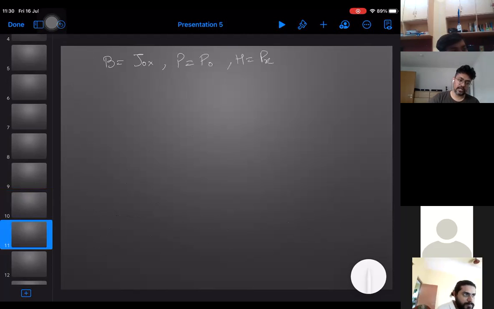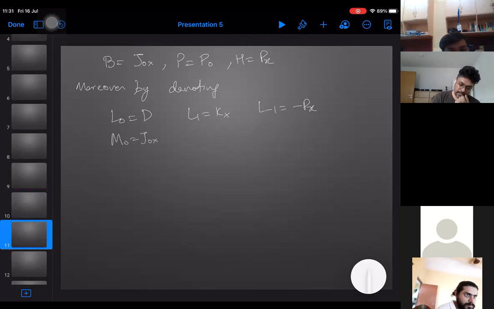If you do that, and moreover, by denoting L naught with D, L1 with Kx, L minus 1 with minus Px, and M naught with J naught x, M1 with naught, and M minus 1 with P naught.